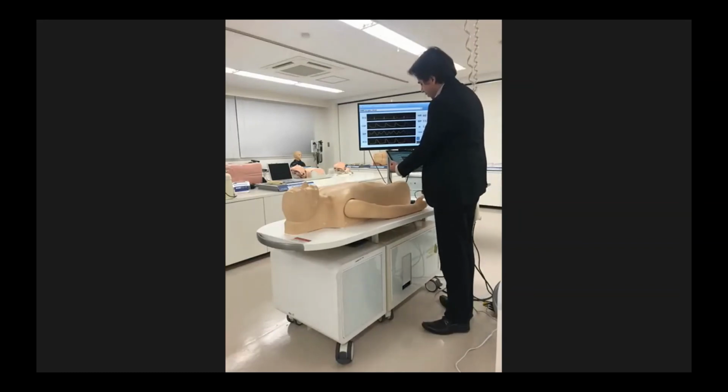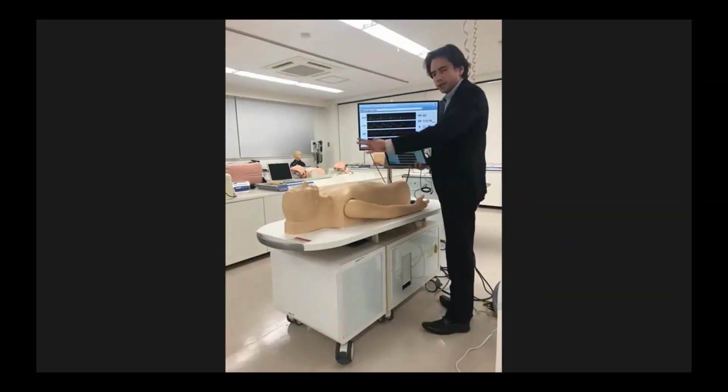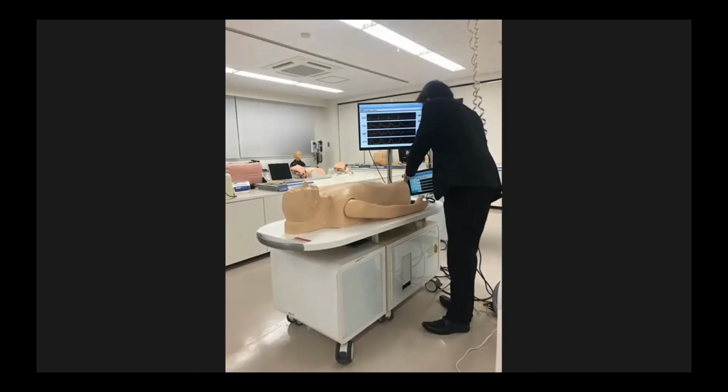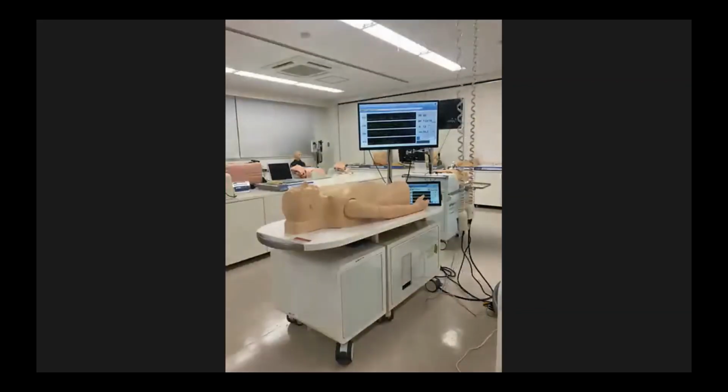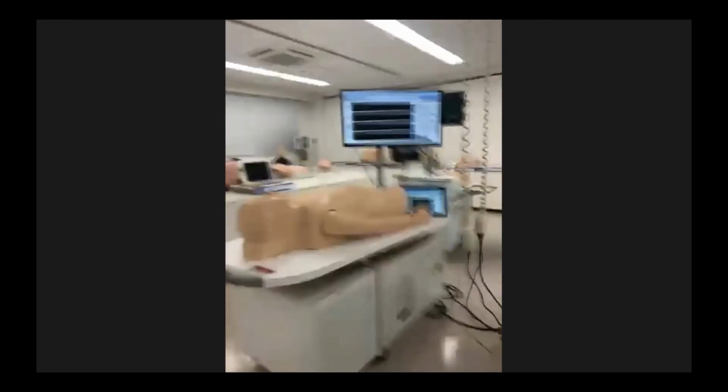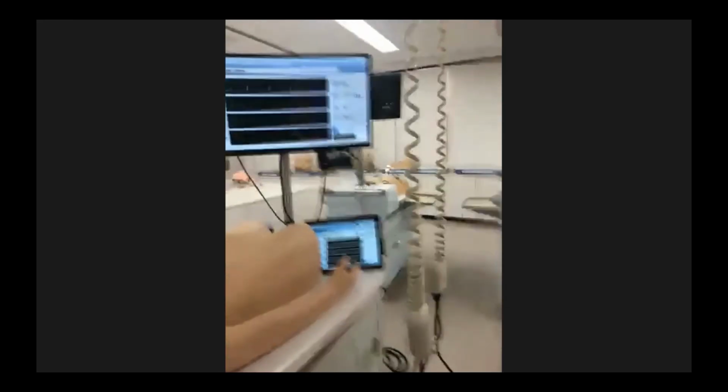So with this, we have an all-in-one unit, and it is very easy to use. First of all, please let me get the camera a little bit closer.